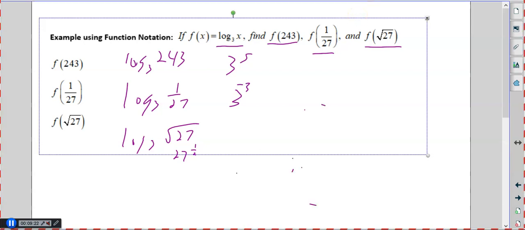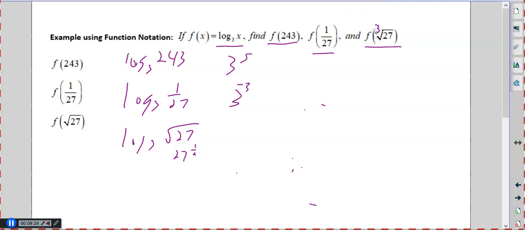Okay, there was a little typo here. There should have been a 3. So that should be 1/3 right there. But now, using our idea from earlier with same bases, we would want to rewrite this as 3 cubed to the 1/3.